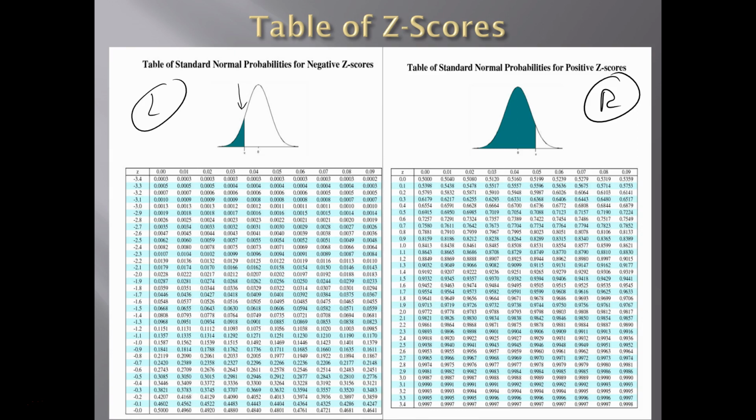That means it's less than the mean. When a number is less than the mean, it's going to have a negative z-score. So the table on the left is for anything with a negative z-score.